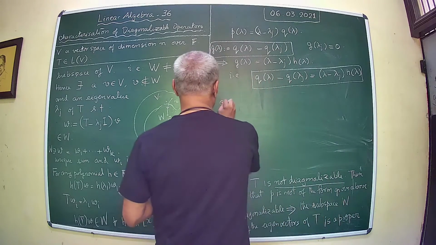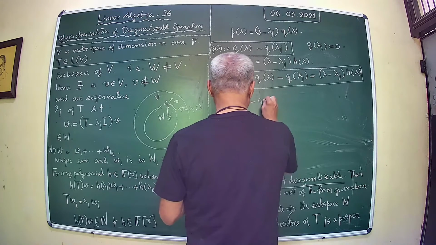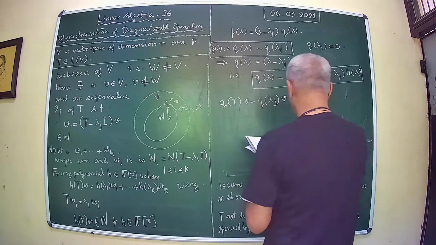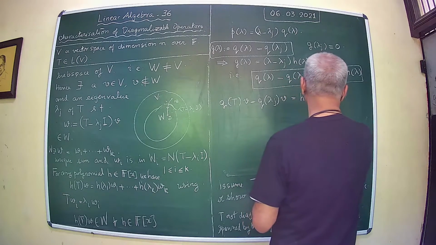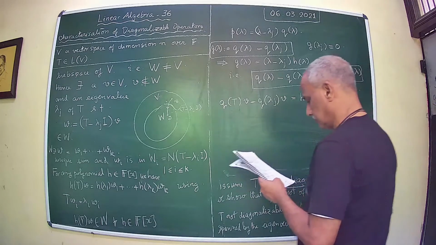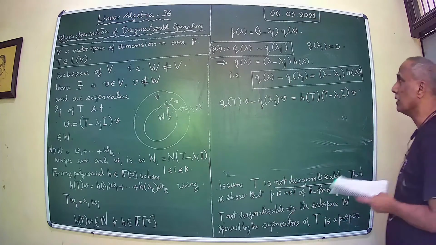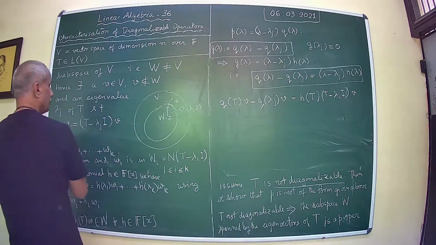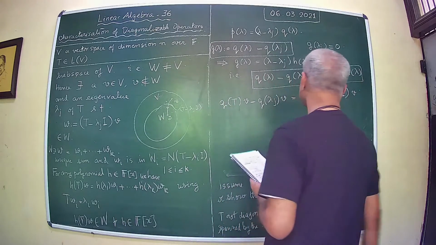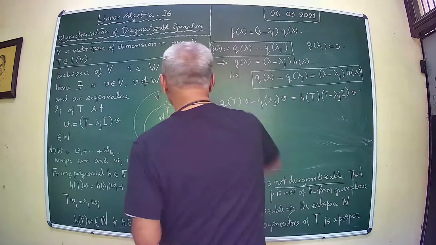Now you see that QT, this is equal to, because it commutes I can write it like this, and this is essentially T minus lambda j I, which we have defined here. But T minus lambda j I is the T. Okay?